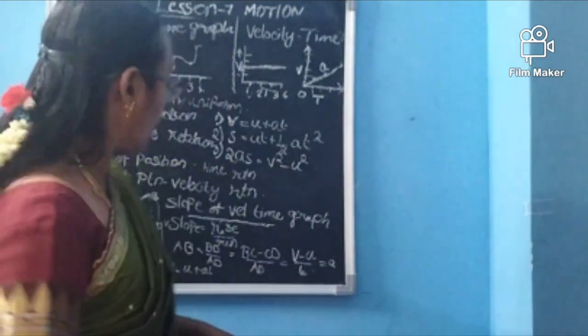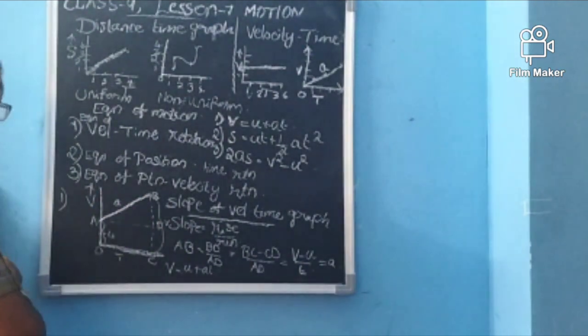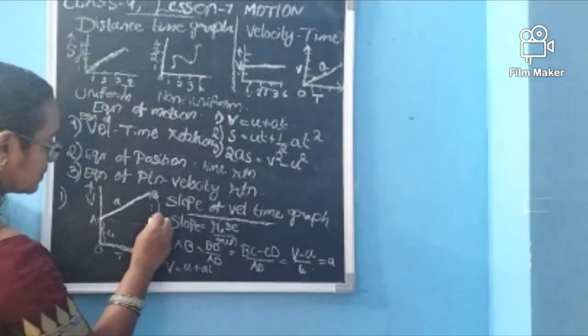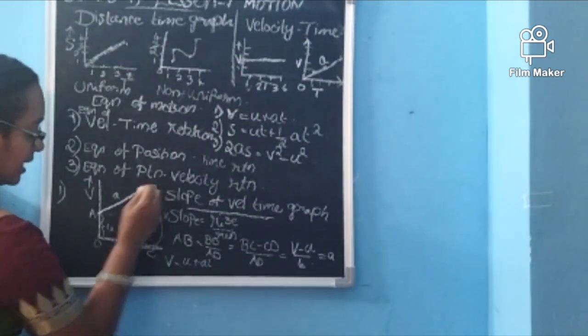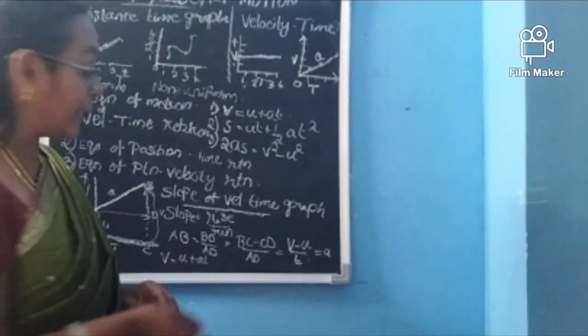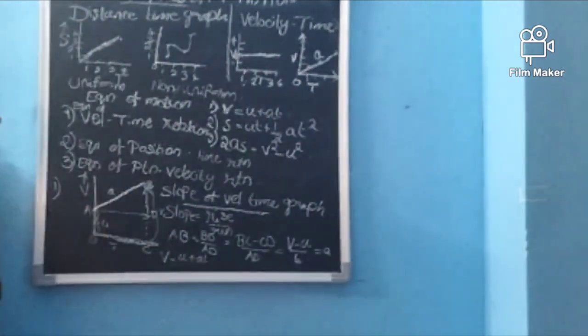We should see how it rises and how it runs. It is easy to understand. From this position it has risen, divided by the run, gives you the slope. What is this rise? From this to this it has been raised.